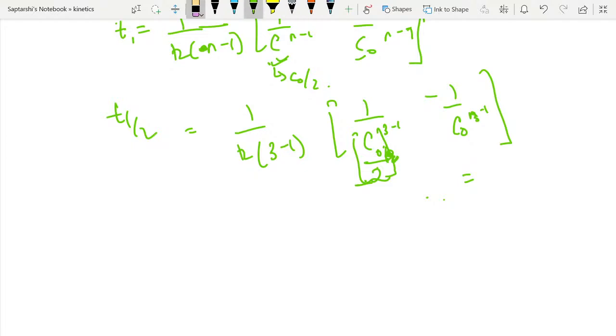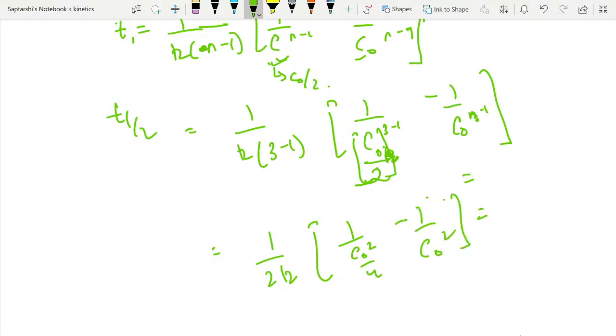Now let us do it. So 1 by 2K, and don't skip steps. Actually I also make mistakes when I skip steps, so it's better not to skip steps. 1 by 2K, and over here we have C0 square. So this will be 4 minus 1, which is equal to 3. So this is the answer, right?